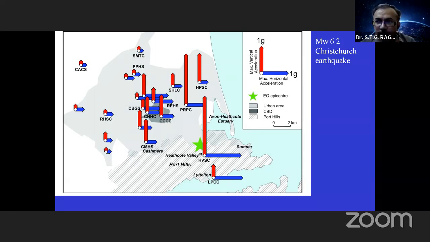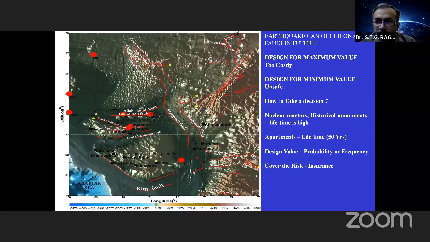Now, coming to our design problem, as I have already shown you, earthquakes can occur on any fault and anything might happen in the future. For example, let us take Ahmedabad city, which is in Gujarat. Ahmedabad is located here. These red lines are all the faults surrounding Ahmedabad city, and these red dots show the epicenters of past earthquakes which have occurred in Gujarat and this region. Now if you are designing an apartment in Ahmedabad city, let us say its lifetime is 50 years.